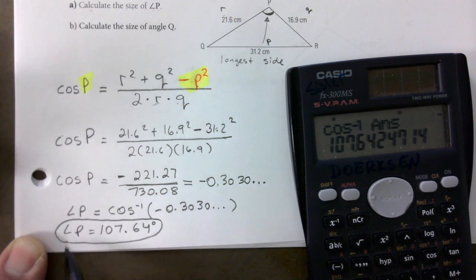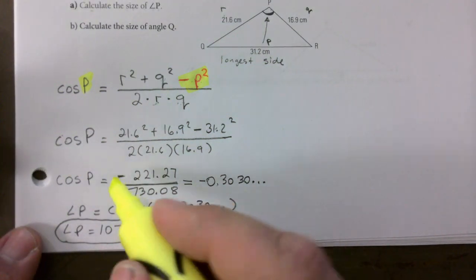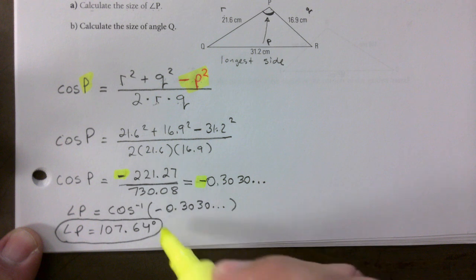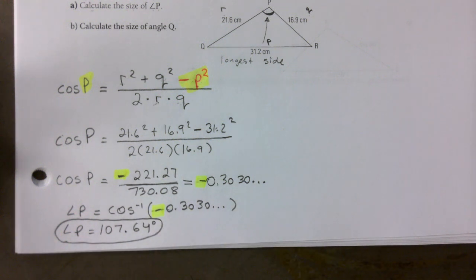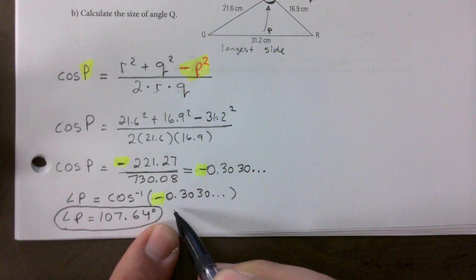And I'll make a note here. I will highlight the negative all along, okay? It's going to be somewhat tight there.